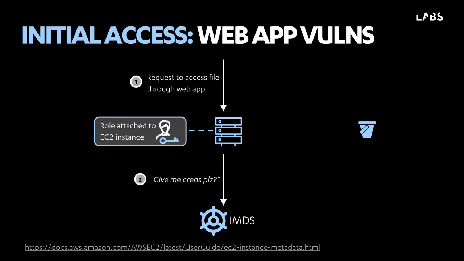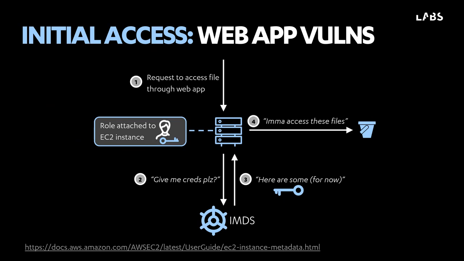Based on the fact that we have the role attached, it will provide those for us. And those session credentials we can then use to perform our activity. So our web application will then have the ability to reach out to the S3 bucket and perform the activities that it needs to do. And then from there, it can provide that data to fulfill the request that's been put there by the user.